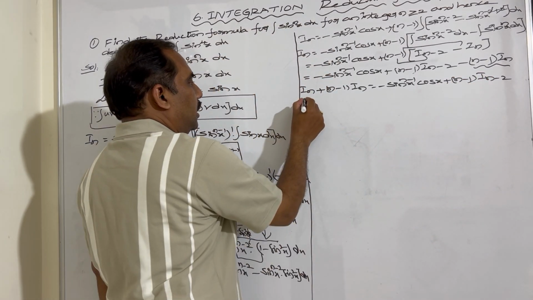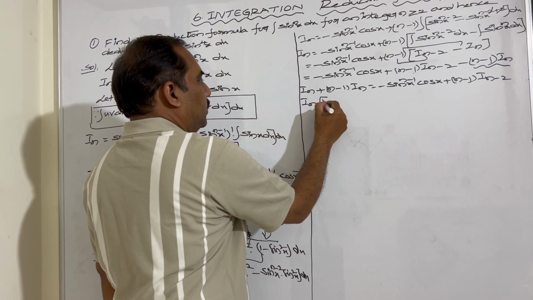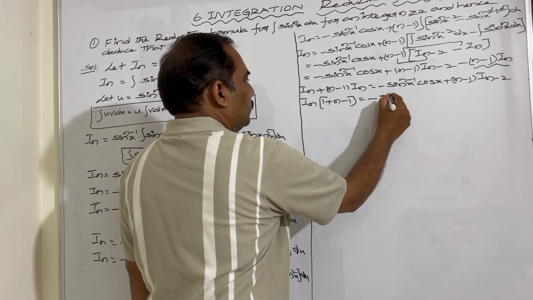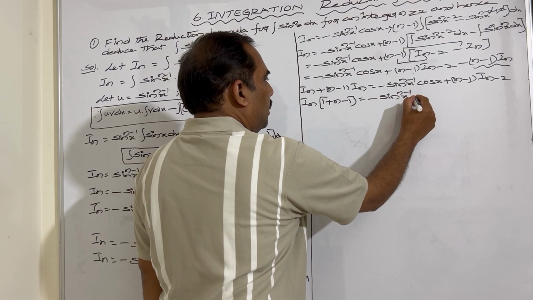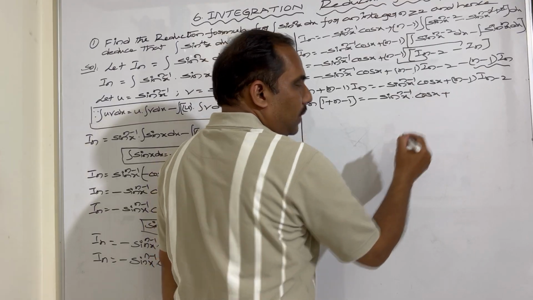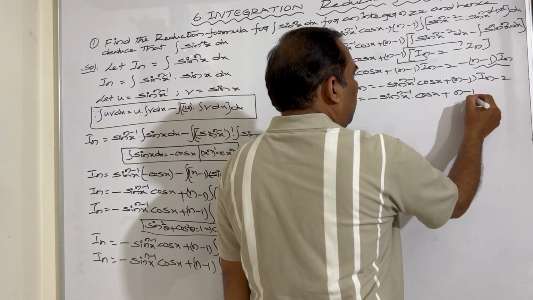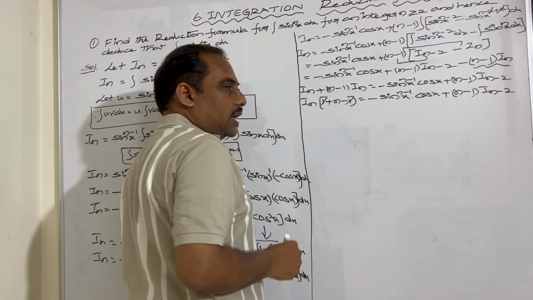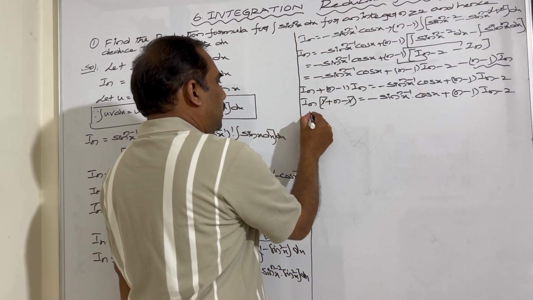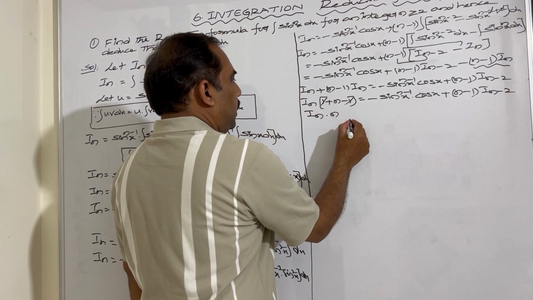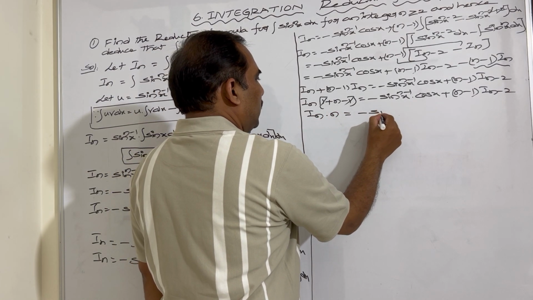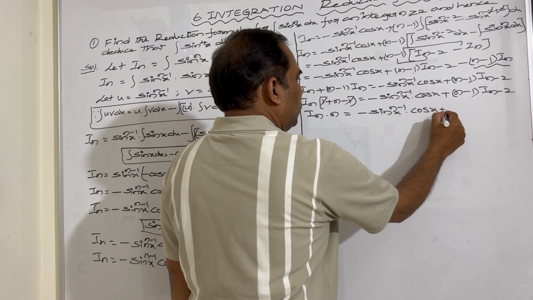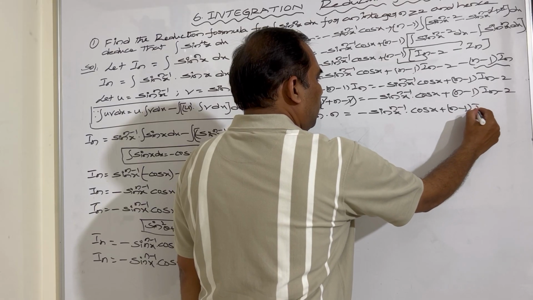So now here taking I_n common, so then we get 1 plus n minus 1, which is equal to minus sin x power n minus 1 into cos x, and plus here n minus 1 into I_(n-2). So now here plus 1 minus 1 gets cancelled. So now I_n into n is equal to minus sin x power n minus 1 into cos x, and plus n minus 1 into I_(n-2).